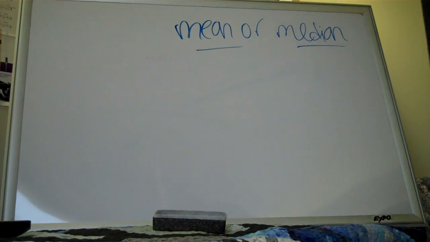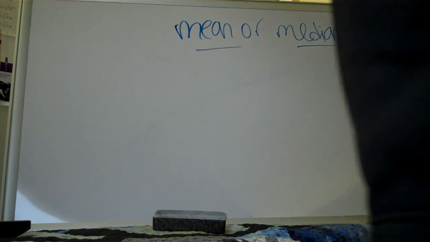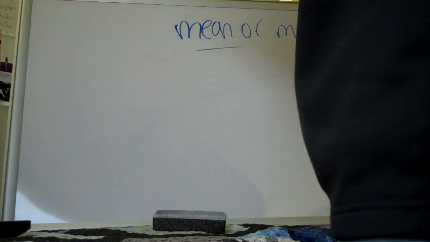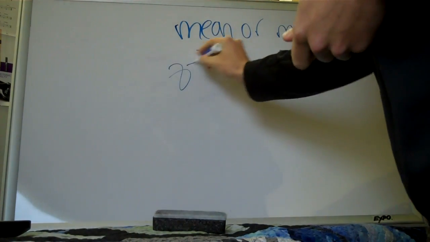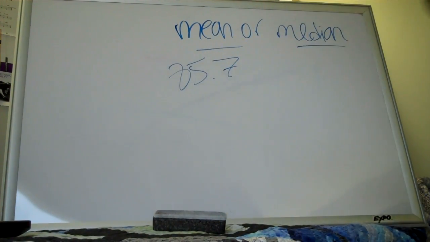So basically for mean, you just add all the numbers up and you get some number, and you divide by how many numbers there are. In this case, it's 7. So when you add all of those up and divide by 7, you get your mean as 85.7.